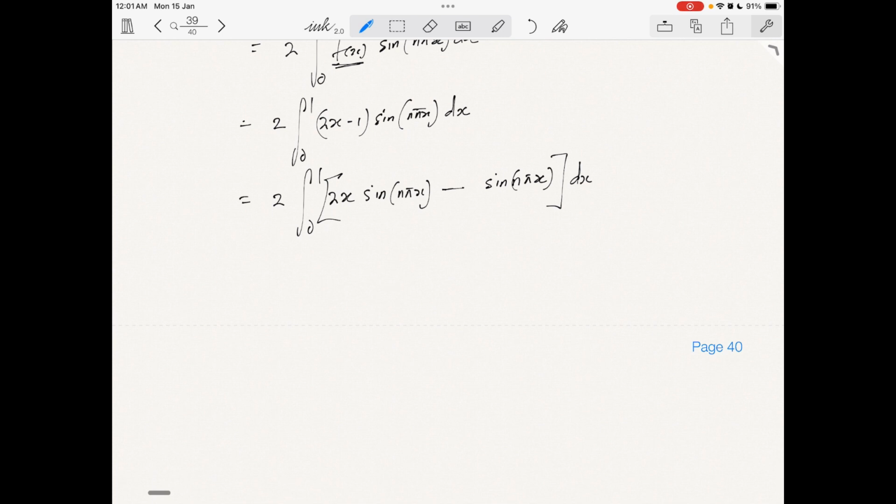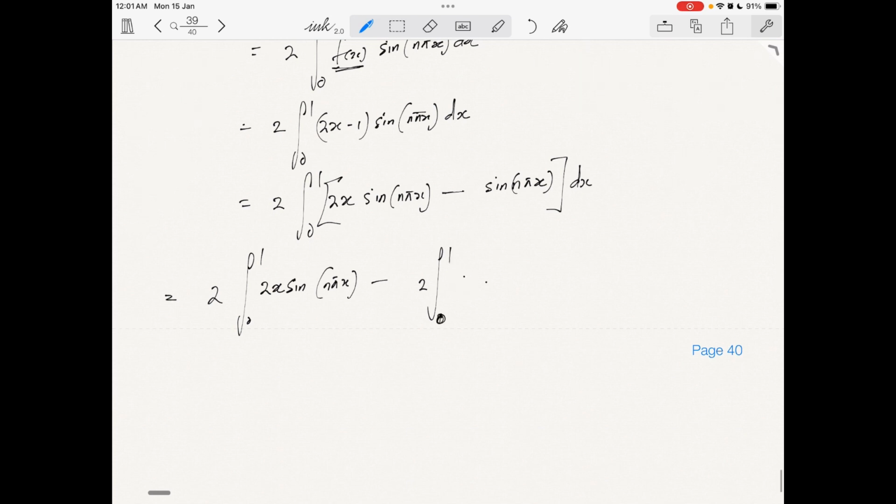Now we can split this according to the laws of differentiation and integration to have 2x sine n pi x minus 2 integral from 0 to 1 of sine n pi x dx.